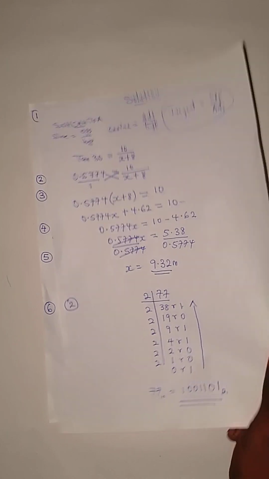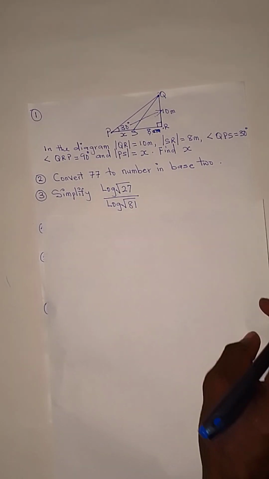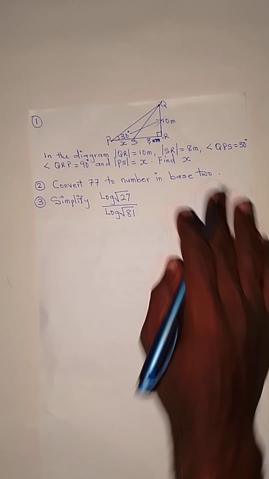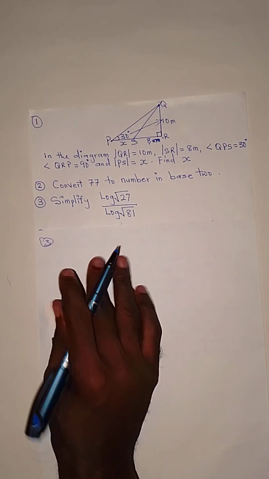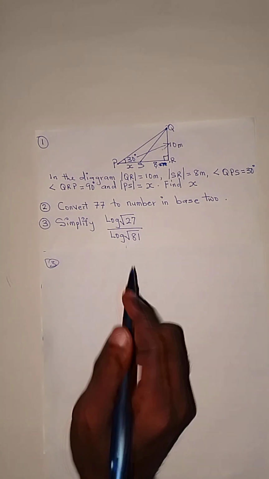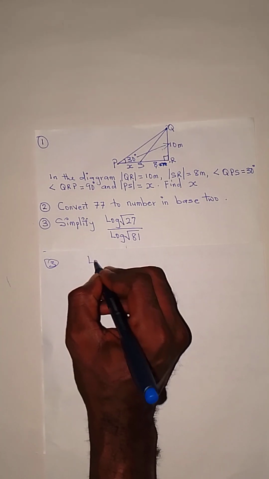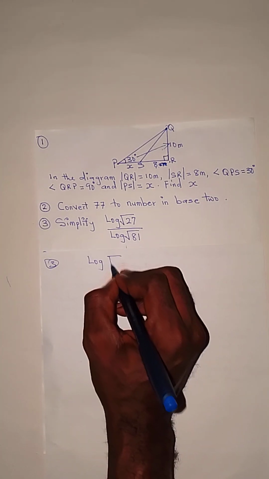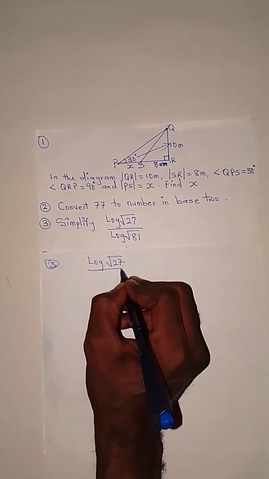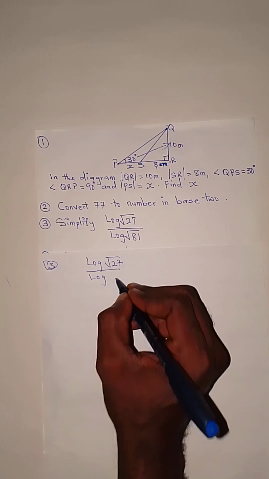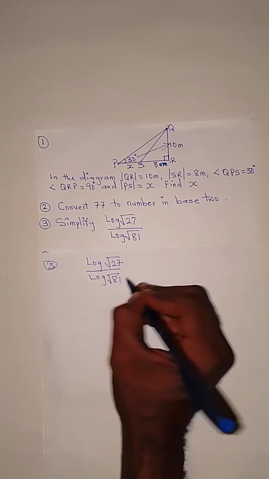Now let's look at question number 3. Question number 3 says, simplify log square root of 27 all over log square root of 81.